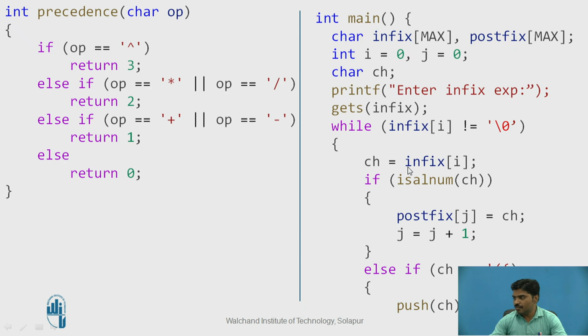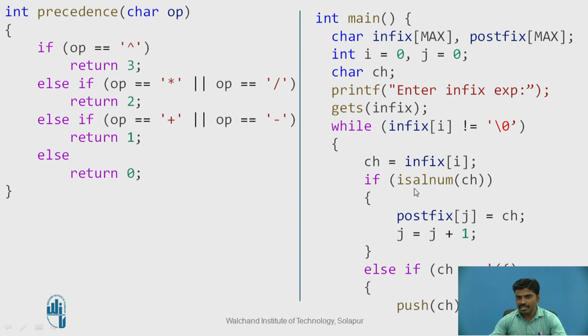Read the first input character and store it in ch. ch is equal to infix of i. If that character is an alphabet or number, this if function gives the result 1. Means it is an alphabet or number; if the character contains an alphabet or number, it will return 1.